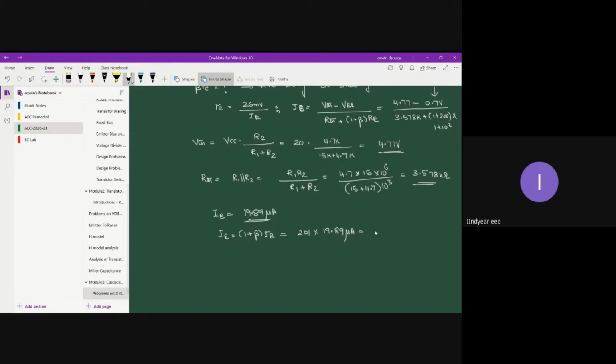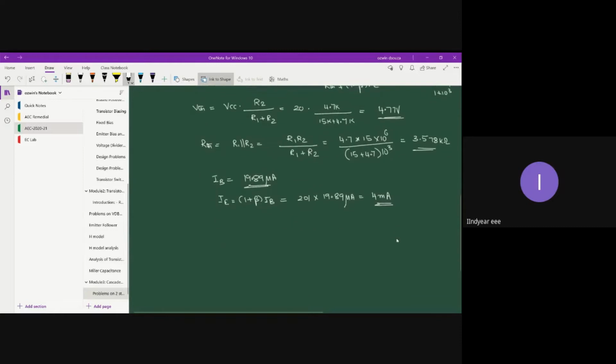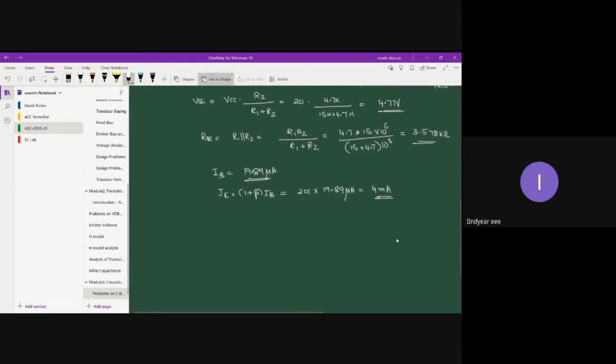That is about 4 milliamperes. You'll get it close to 4 milliamperes, just approximating. It is 3.997, so I can take it as 4 milliamperes. So that is your IE.